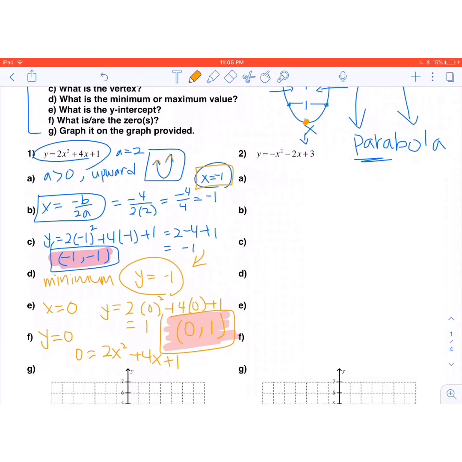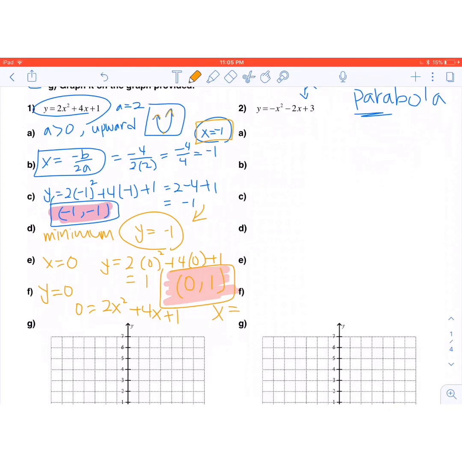So you can use either the factoring method, quadratic formula method, or completing the square method, whichever we covered this unit that makes sense for you. After I've done that, I found that the x's are going to be either negative 1.7 or negative 0.3. In other words, my zeros, the points, are going to be negative 1.7, 0 and negative 0.3, 0.